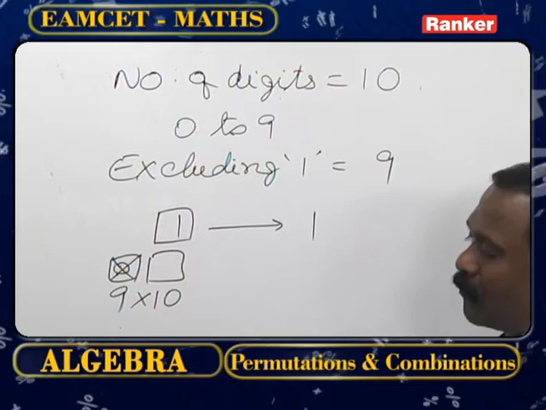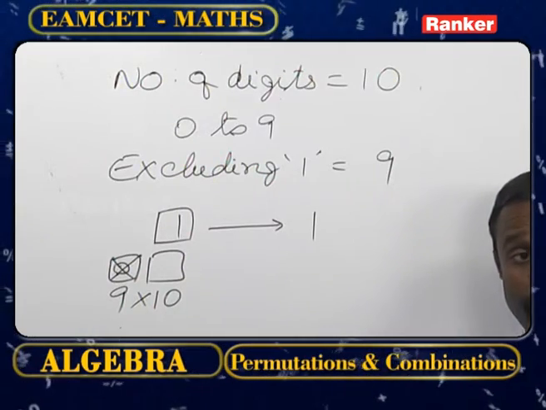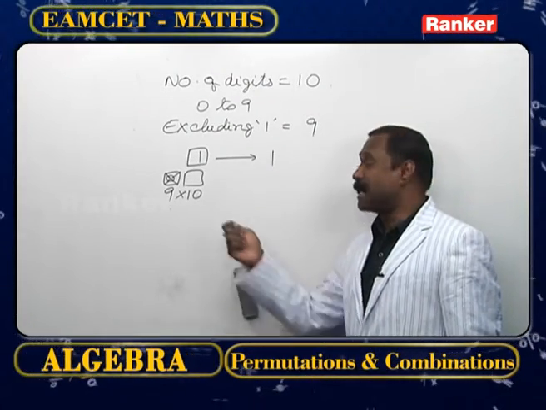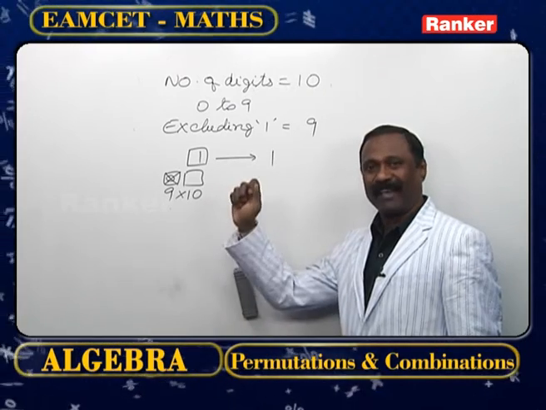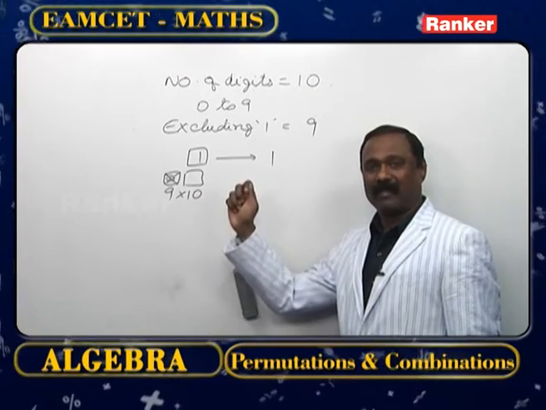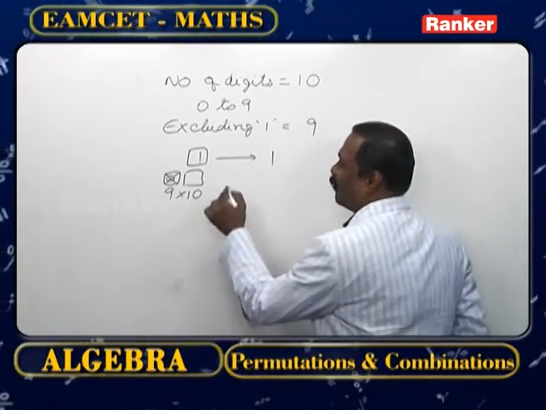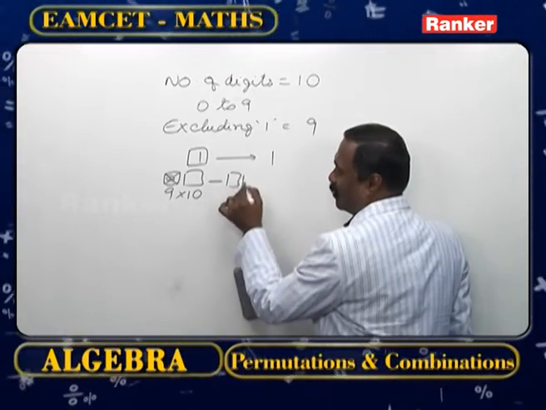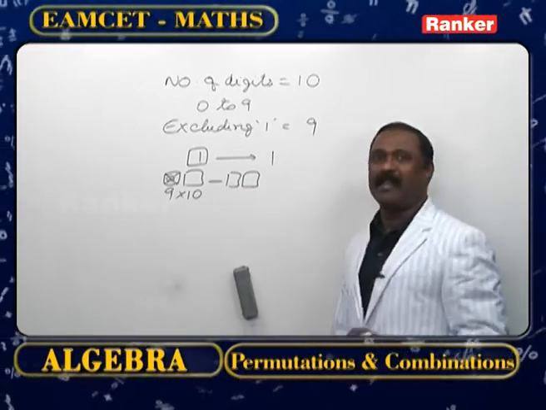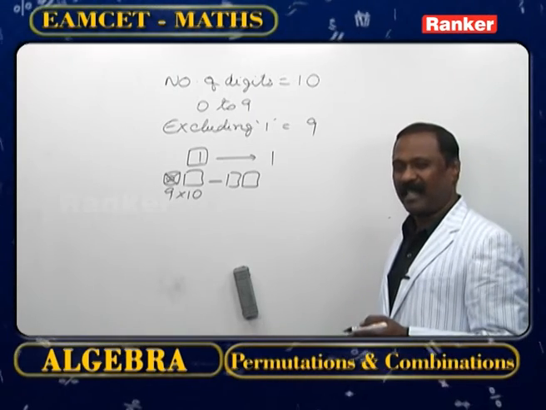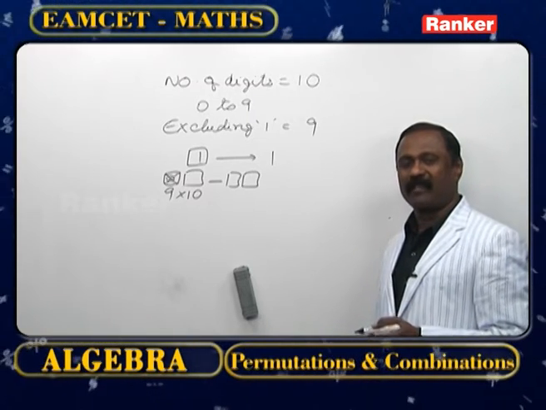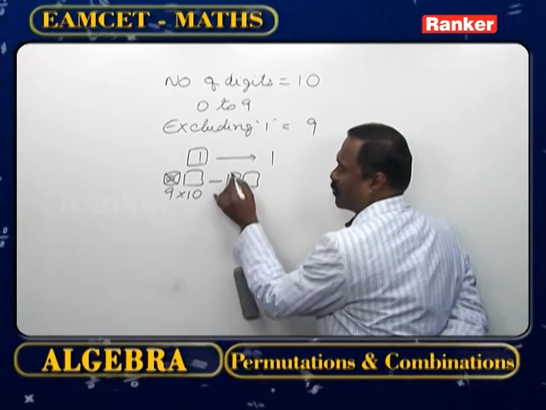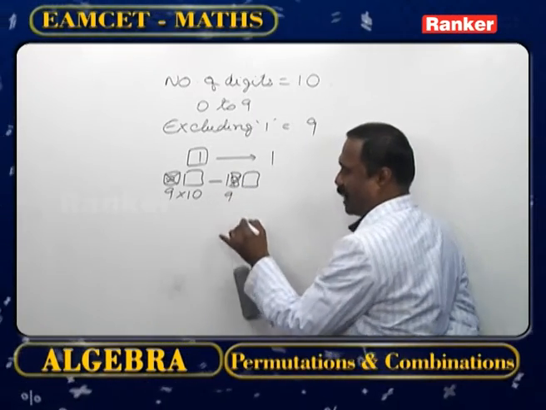Among them, we want only those numbers that contain 1. So what we do, we have to subtract those numbers that are not containing 1. Understand the logic carefully. Of course, in this case also 0 should not be there. It is 9 ways.